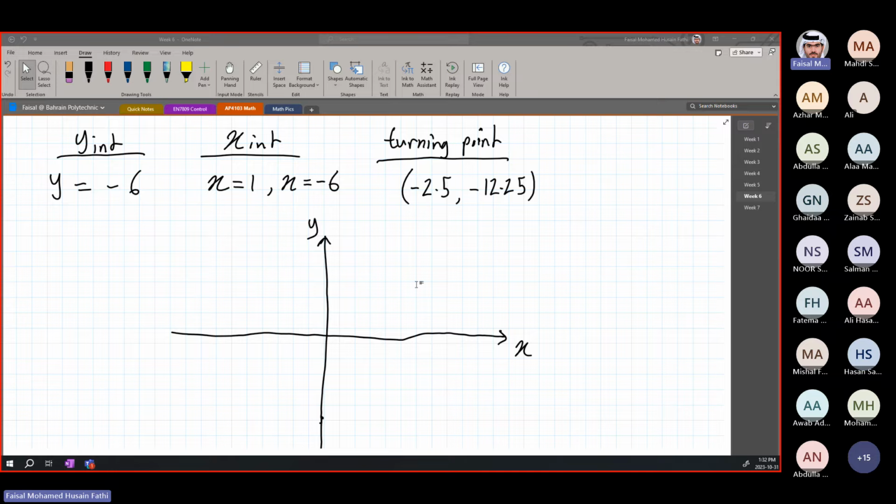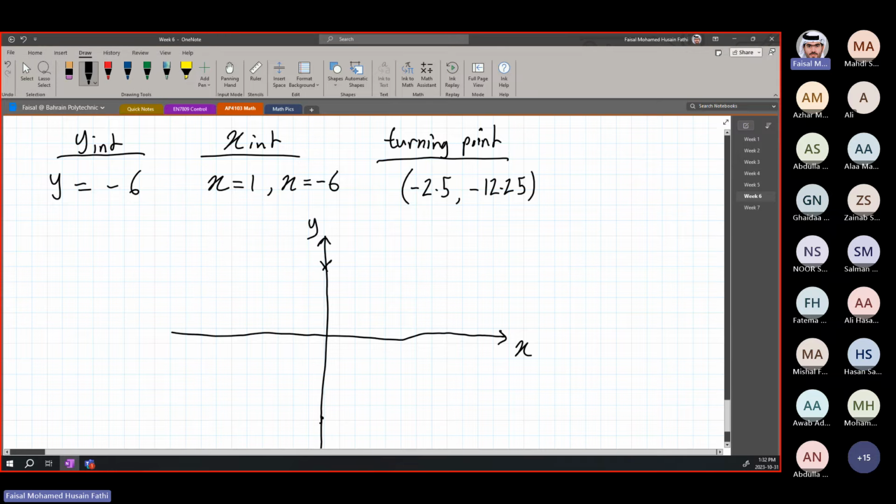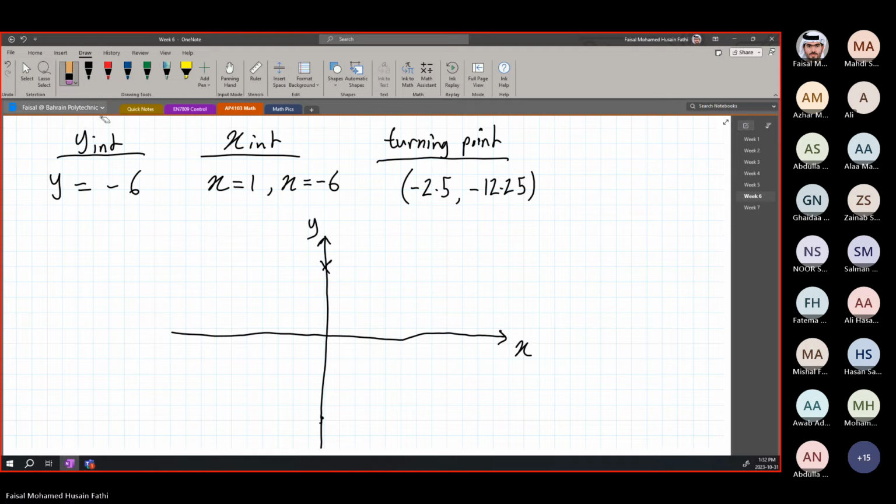By plotting the intercepts, y is equal to minus 6. So we go 1, 2, 3, 4, 5 over here. This is minus 6, so we have to go downwards because it's minus. Let's say over here is minus 6. This is our y-intercept, minus 6.